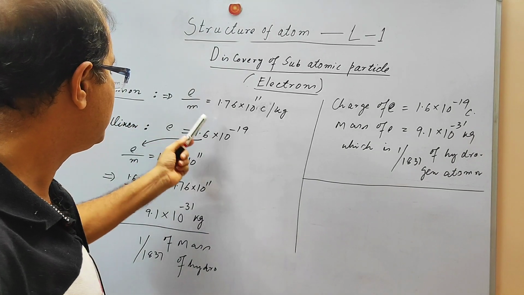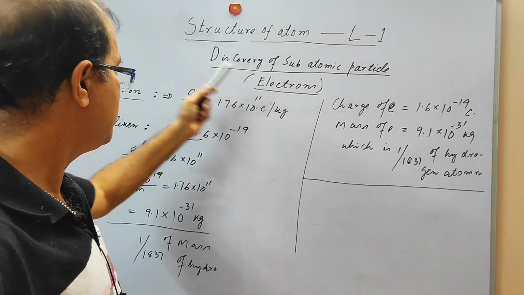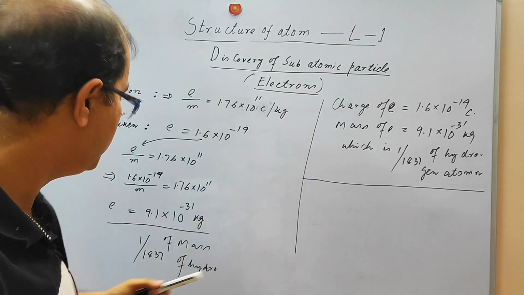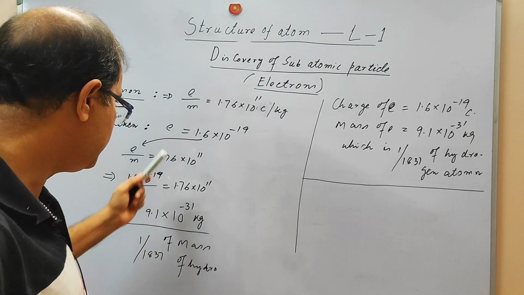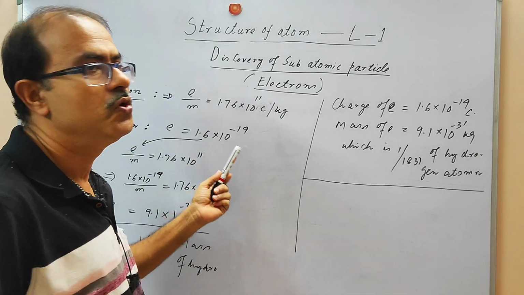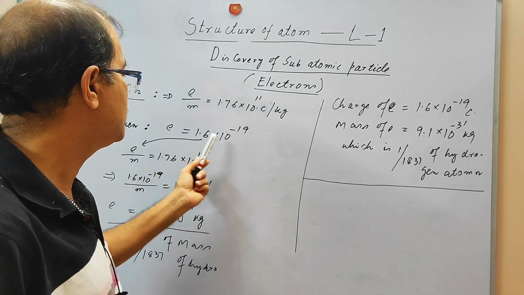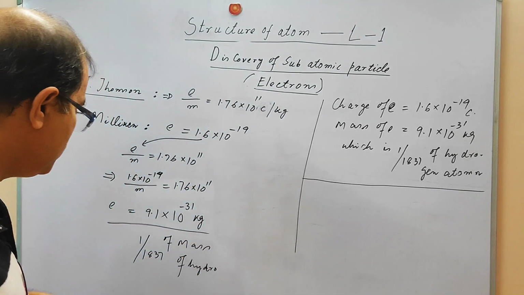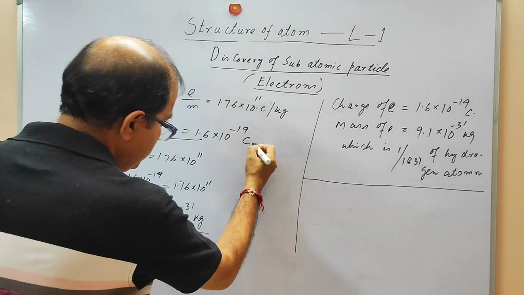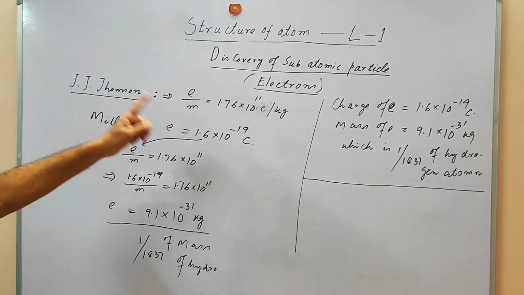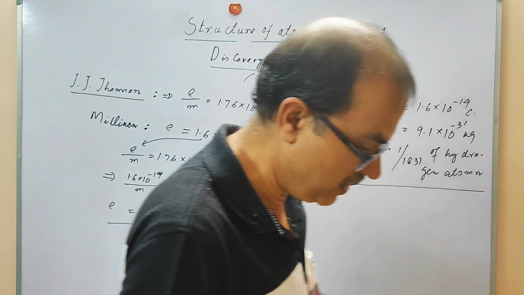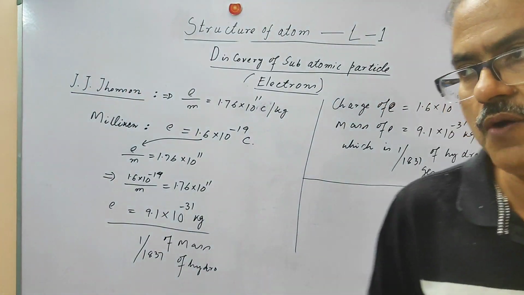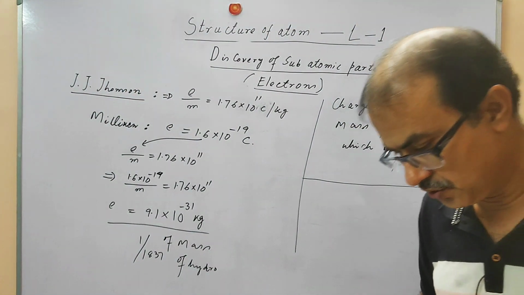First, J.J. Thomson calculated the e by m ratio. Then Millikan, from his experiment, came out with the charge of the electron, 1.6 into 10 to the minus 19 coulomb, and when you put this value in, you get 9.1 into 10 to the minus 31 kilo, which is the mass of the electron.